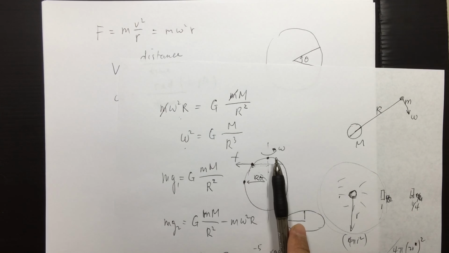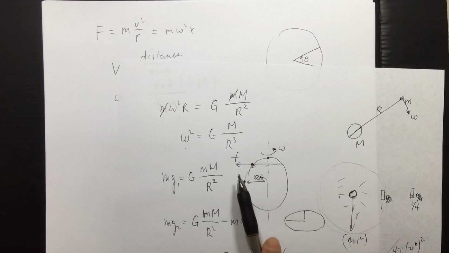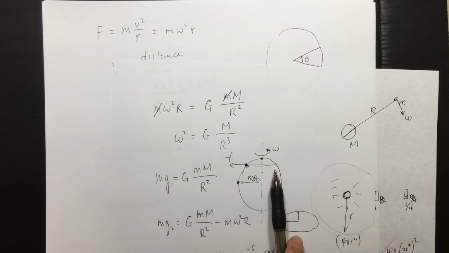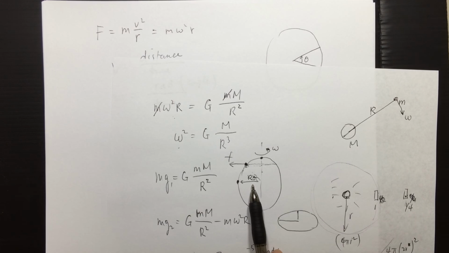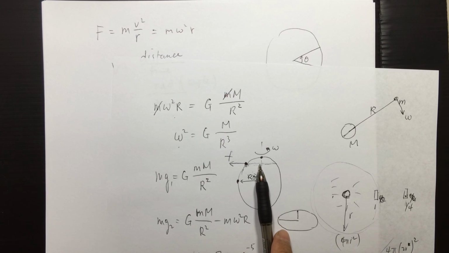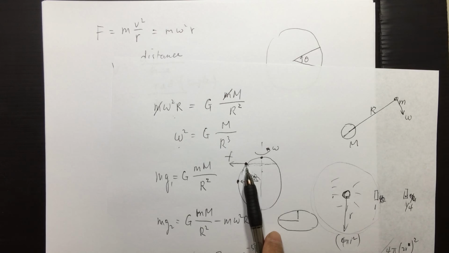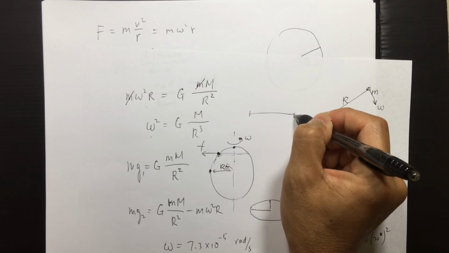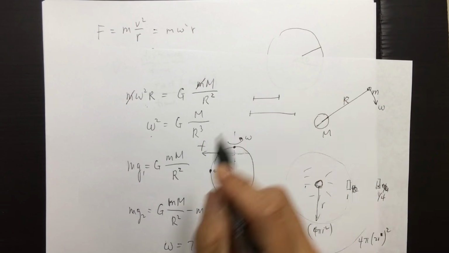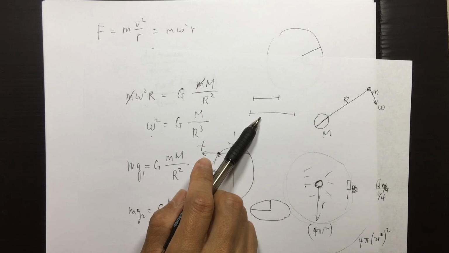Okay, think about it. Every 24 hours you run one cycle, right? Is this longer or is this longer? The equator's is longer, right? So for the same amount of time, you run longer here and shorter here. Is this faster or slower? For a certain amount of time, one you run longer, the other you run shorter.